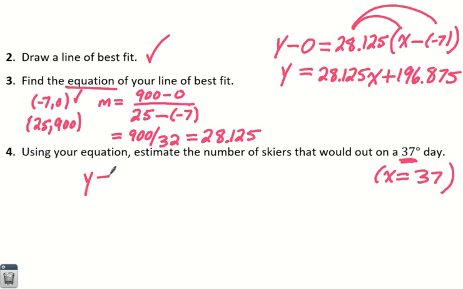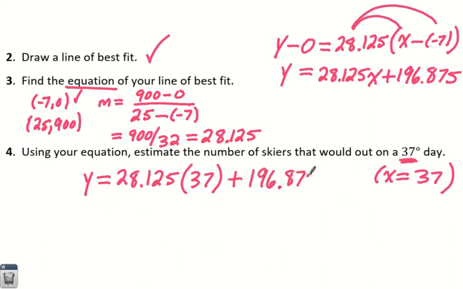So y equals 28.125 times 37 plus 196.875. I hope I haven't made any mistakes. Okay, so calculator time. Let's evaluate this all out. 28.125 times 37 plus 196.875.